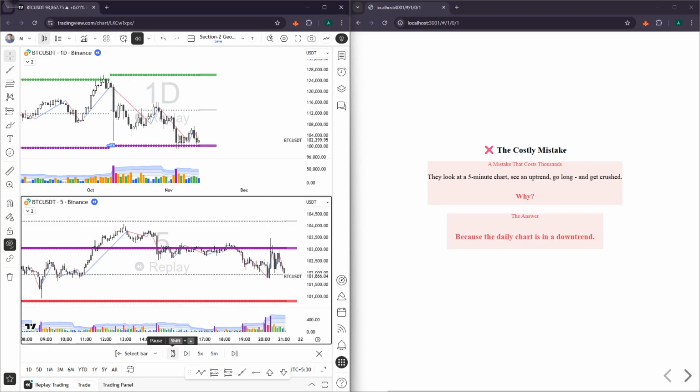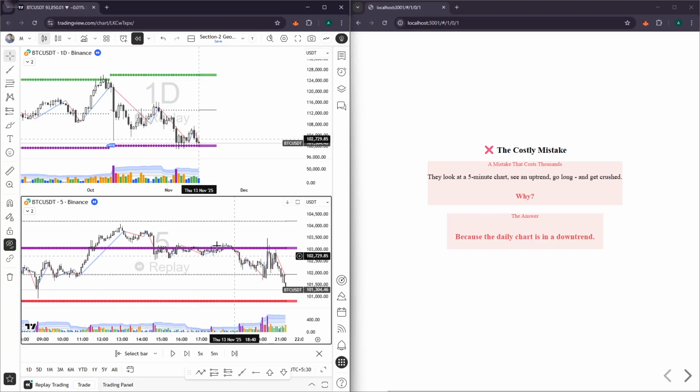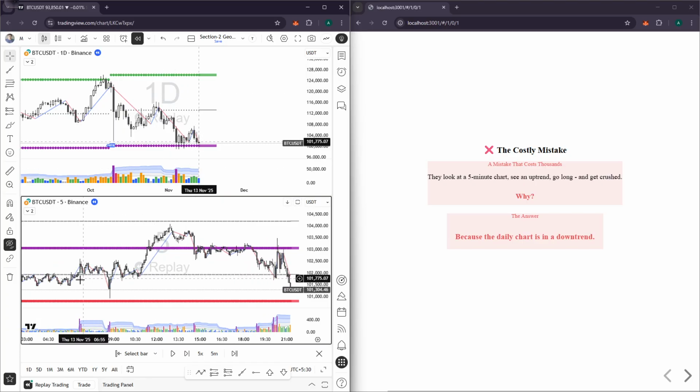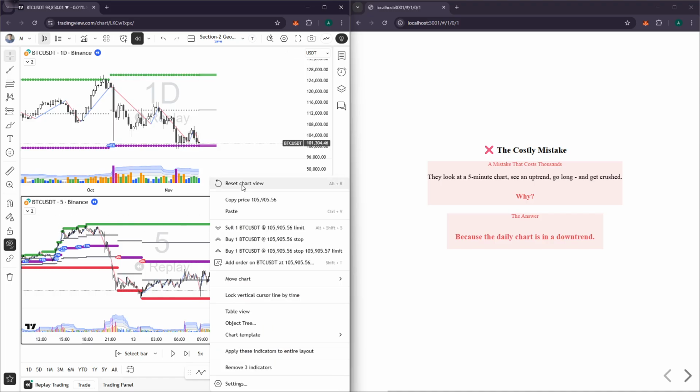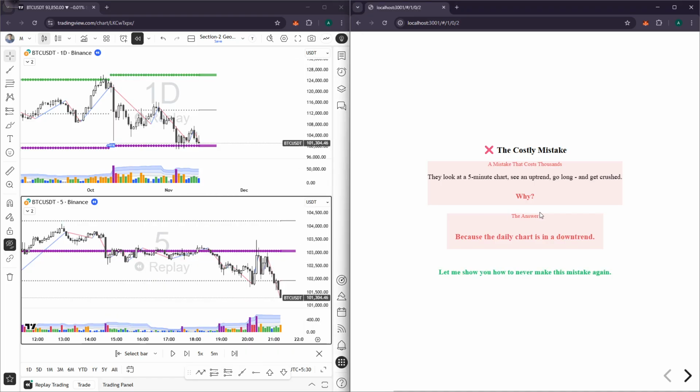Why I'm telling you this is that we have the context of the higher time frame, the daily time frame. If you had entered long here, your stop loss could have been hit, and that's what we want to prevent. All right, let's move on.